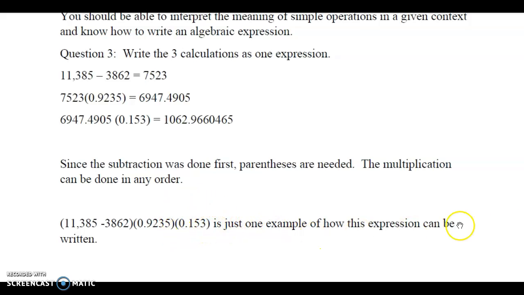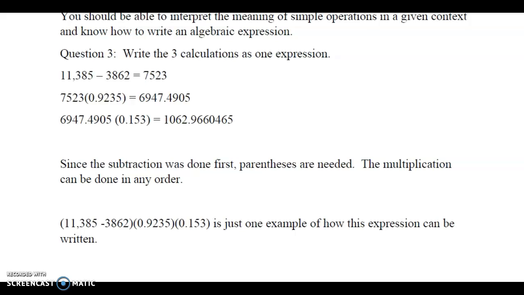Now this is just one example of how the expression can be written. You can play around a little bit with the order of the multiplication. Some of you might have both of your multiplications before the subtraction. You could have either one of these as the first one, and that doesn't matter, because when a person sees this, if the subtraction is in parentheses, that's the first thing that would be done before any of the multiplication.